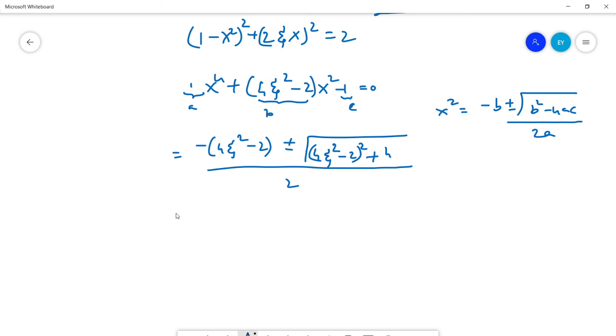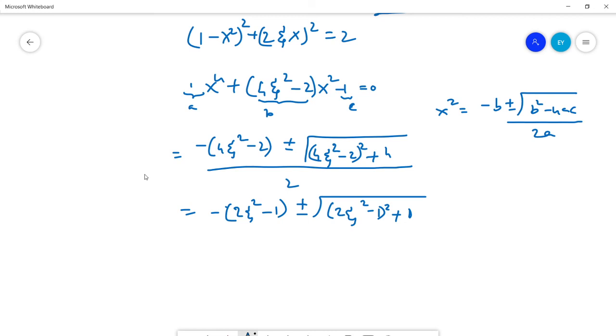This is equal to minus of 2 zeta square minus 1 plus or minus, so I am taking 2 common from this equation, cancelling it out, into 2 zeta square minus 1 whole square plus 1. Okay, so this is nothing but x square actually.